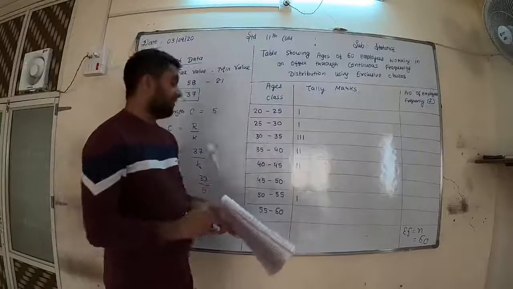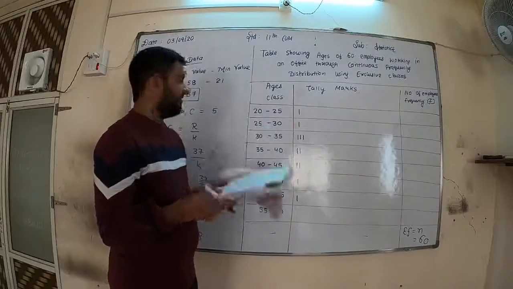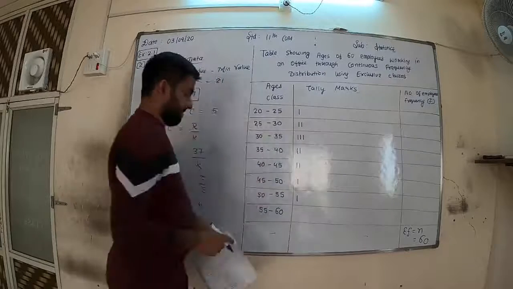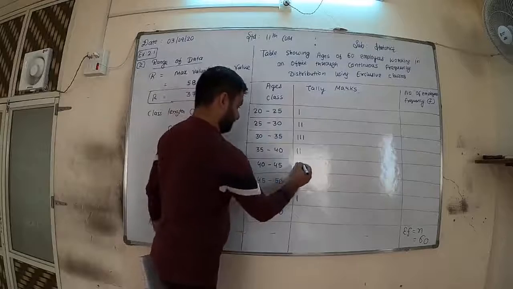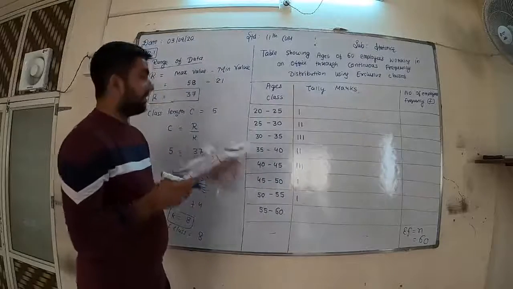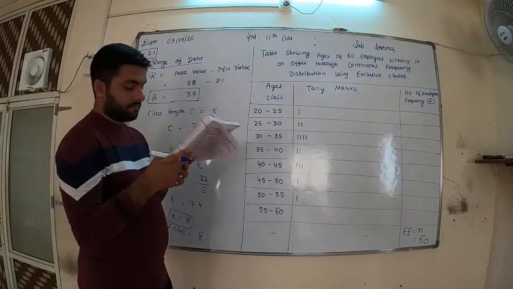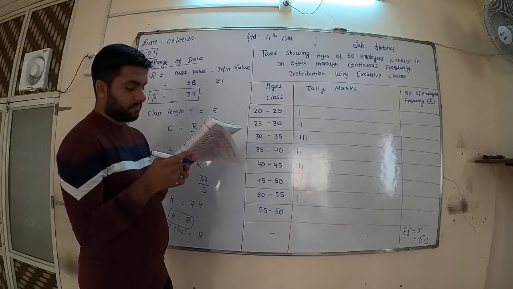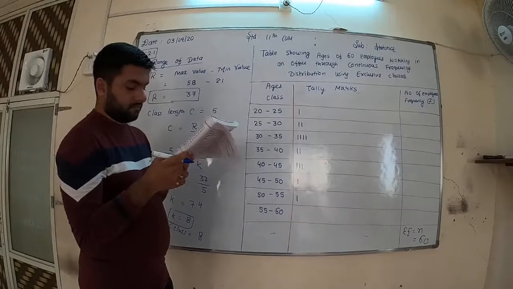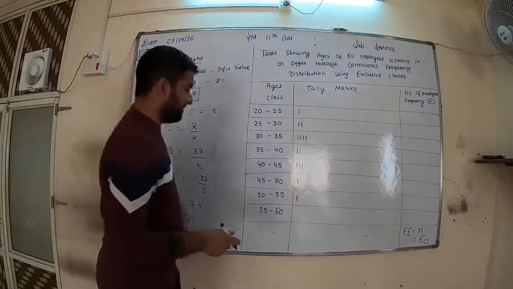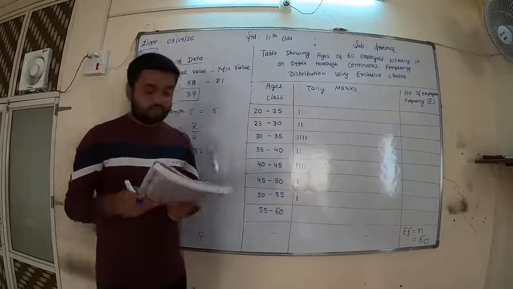Third line: 48, 29, 41, 32, 43. Okay, so the third line is also over.